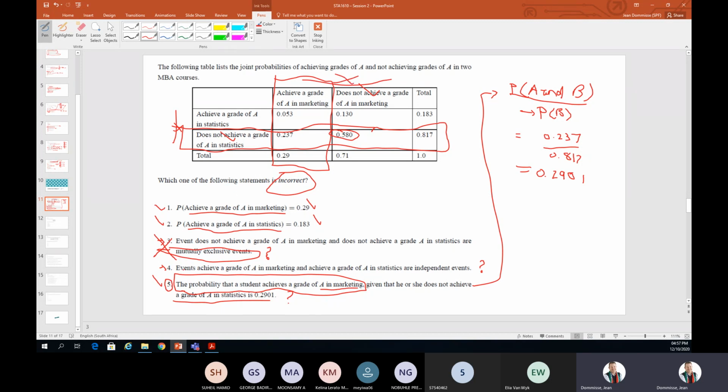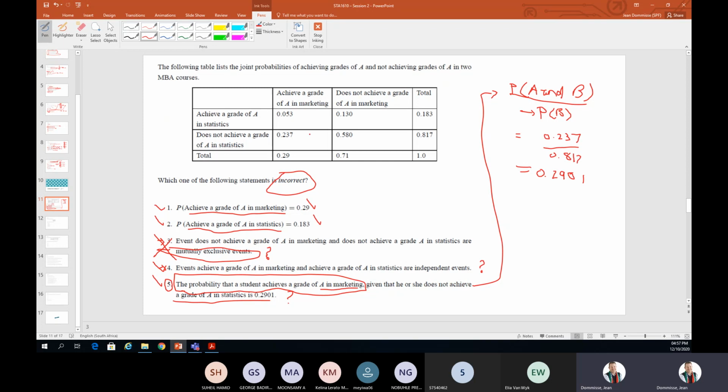Okay. The events achieve a grade of A in marketing and achieve a grade of A in statistics are independent. That is also true, because the one doesn't necessitate that the other one will happen.